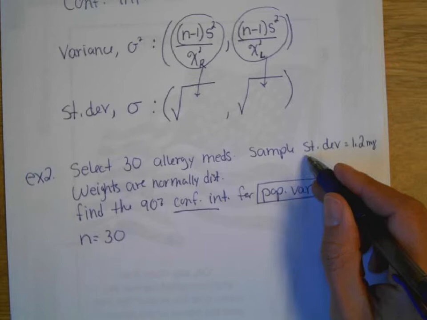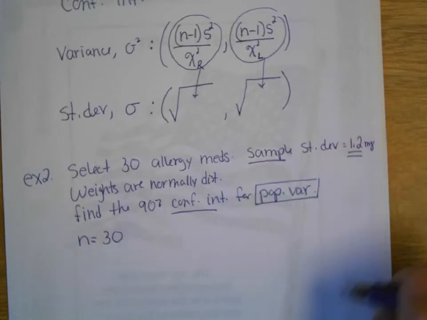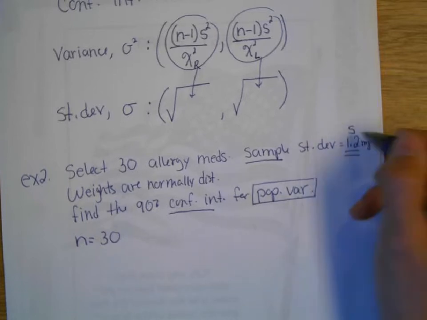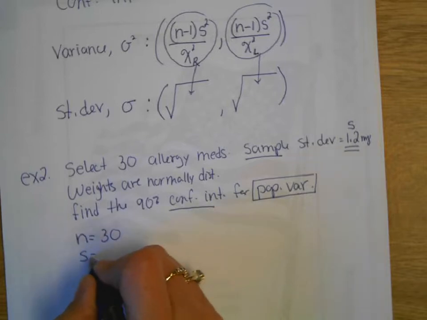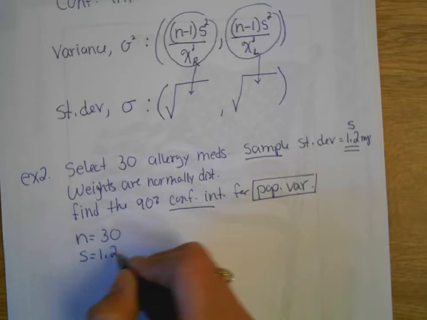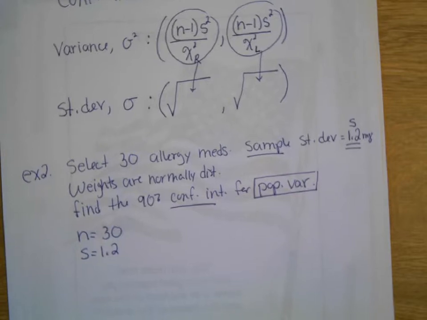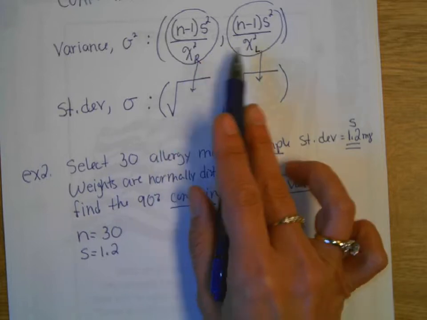They gave me the standard deviation was 1.2. What symbol goes with sample standard deviation? Little s. So that means s is 1.2. The df is 29. So now we've got to read the table to get these two chi-squared values.